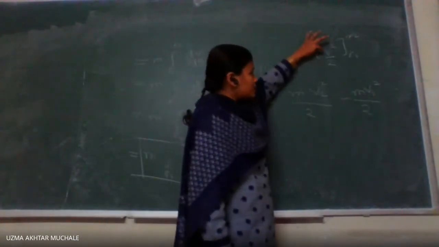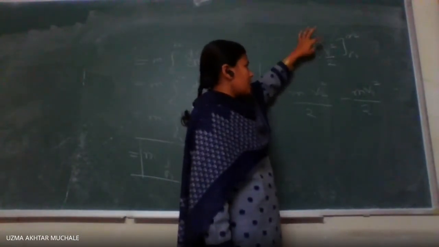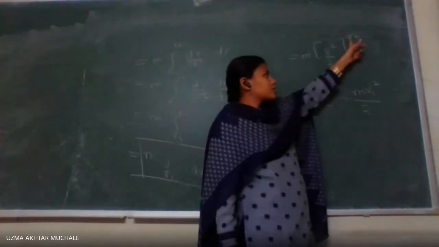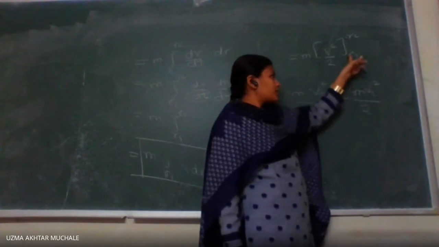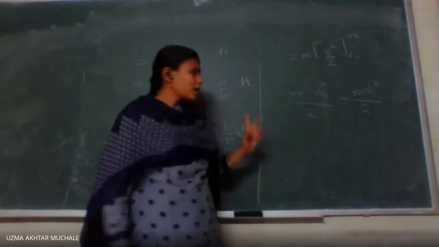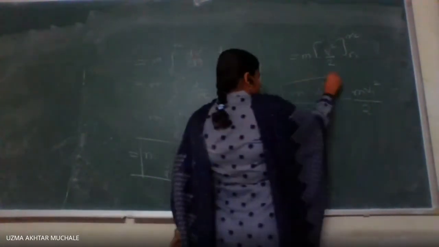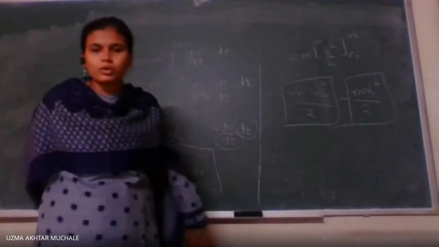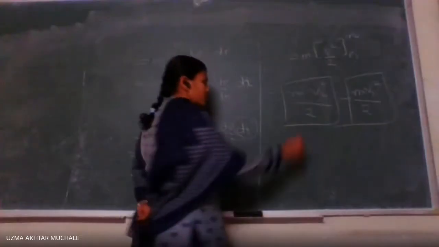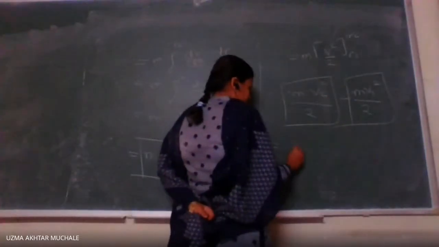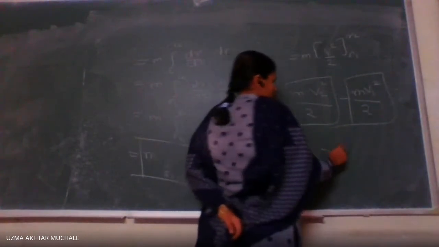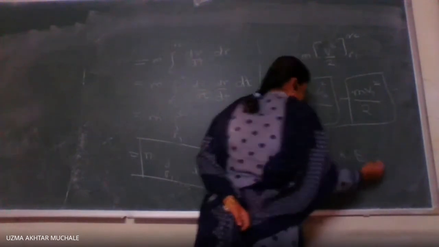Why is this so? Because v square is nothing but the velocity, and here we have to find the velocity at position p2 and the velocity at position p1. Correct? So what is the formula? m v square by 2. Does anyone remember what m v square by 2 is the formula of? Kinetic energy. So at 2 means kinetic energy at the position P2 or R2, and kinetic energy at the first position.